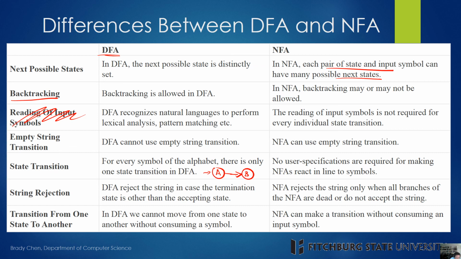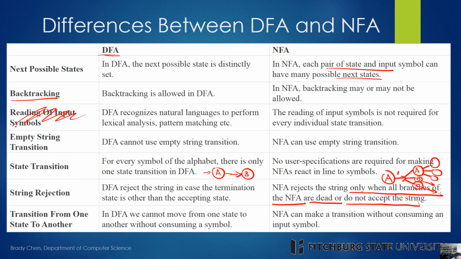Now the NFA is kind of different. An NFA rejects the string only when all branches of the NFA are dead or do not accept the string. Remember, with the current state and input value, it may end up in different states, so you may have multiple destinations.